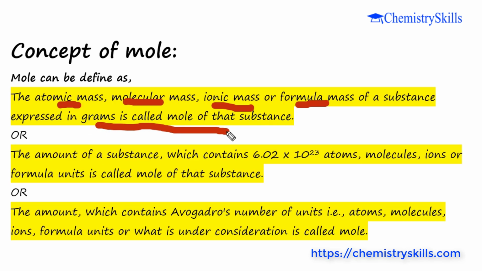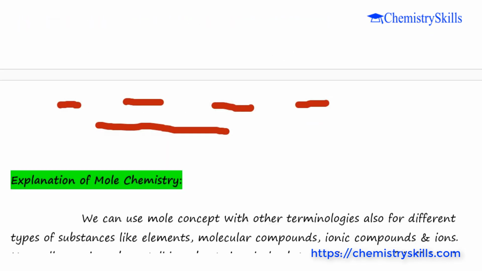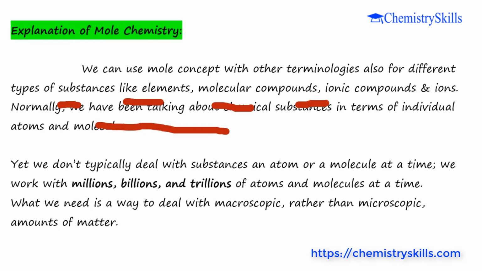I'll discuss different examples later on in this lecture. You don't have to worry, you will definitely get, inshallah, a perfect concept of the mole. Now let's move a bit ahead. Let's explain it a bit.